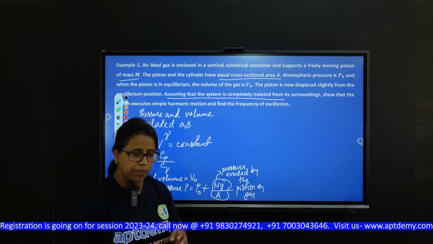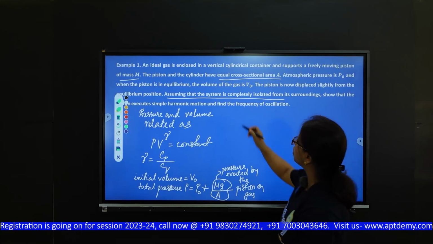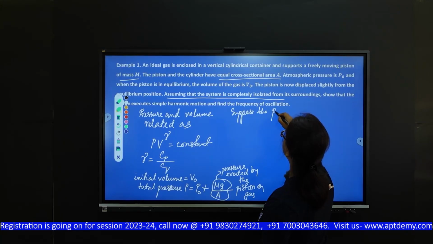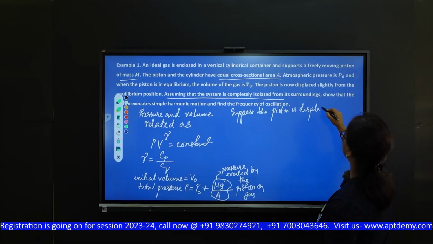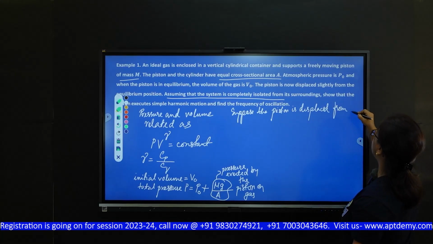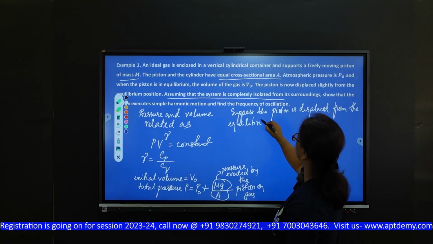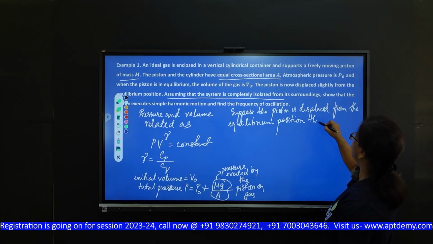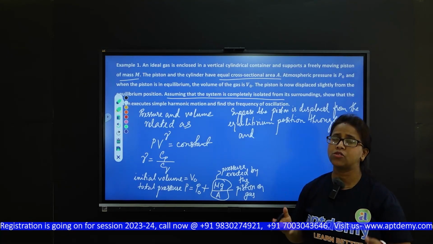Now the piston has been given a slight displacement from the equilibrium position. So let us suppose that the piston is displaced from the equilibrium position through x, and when the piston gets displaced, what's going to happen?